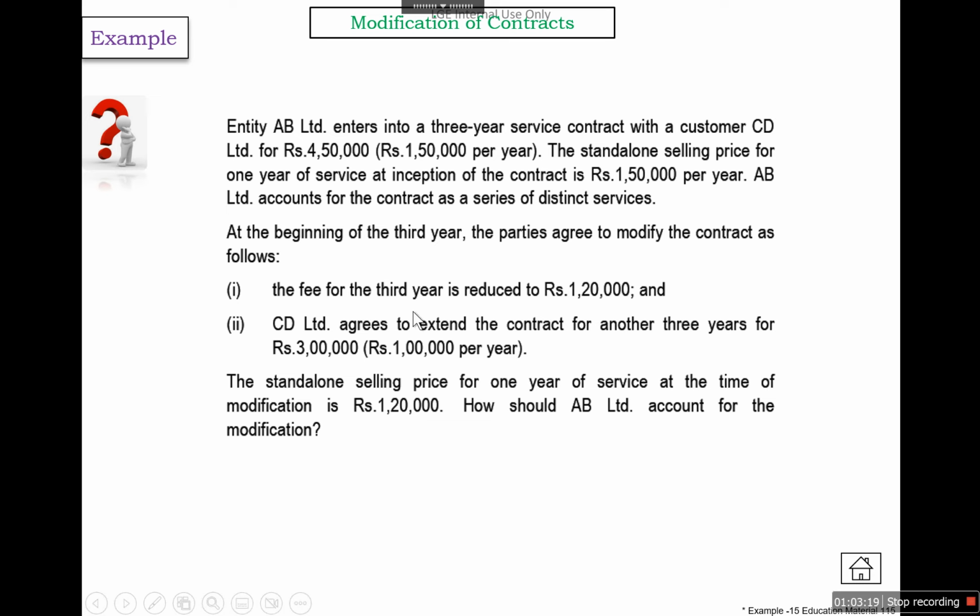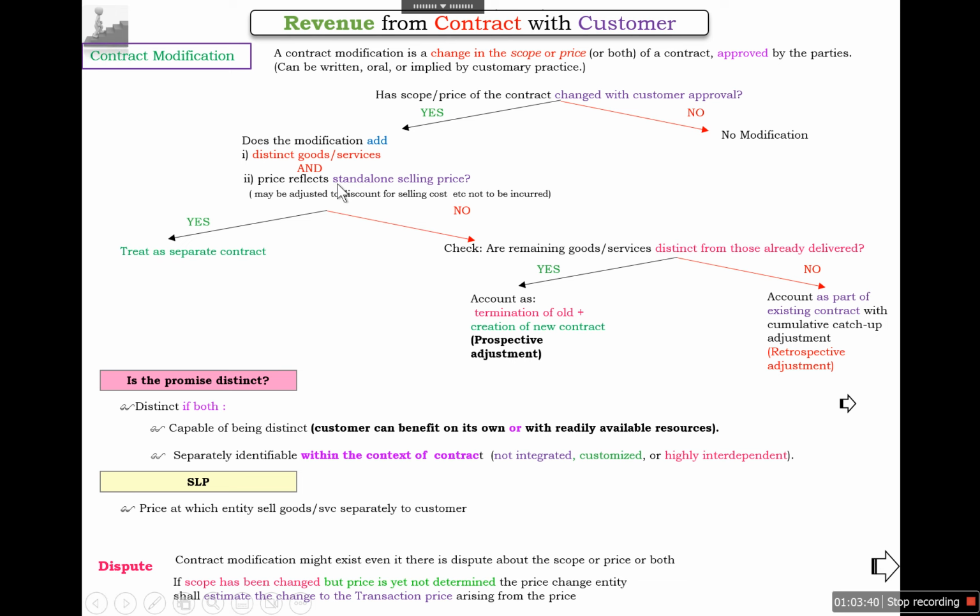So at the beginning of the third year, they modify the scope of work and the price also. The scope was increased to 3 years and the price was reduced to 1 lakh, where the standalone price is still 1,20,000. So we need to check our decision tree. Does the modification add distinct goods and services?